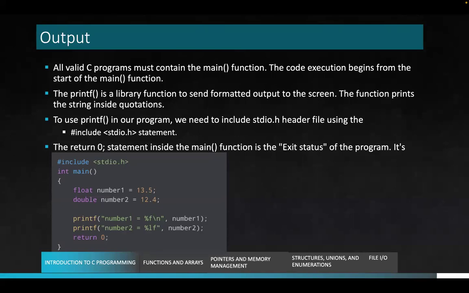If your main function has something to return, how it will be known is based on the function type. This main with the open and closed brackets is called a function.